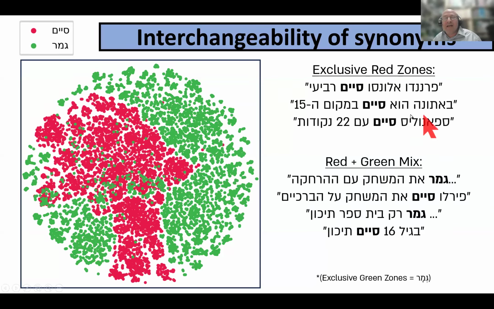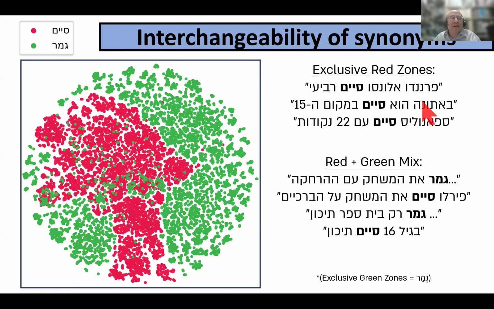But when it comes to something like siyem revi'i, he finished fourth, in practice that's used just about exclusively with the word siyem and not with gamar. We don't find gamar revi'i. I'm not sure why. That's something to look into further.